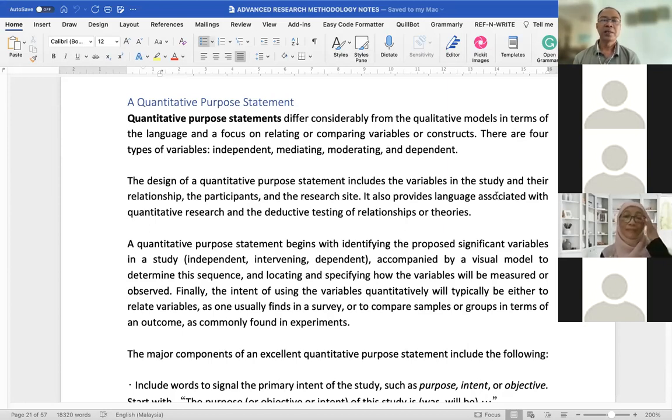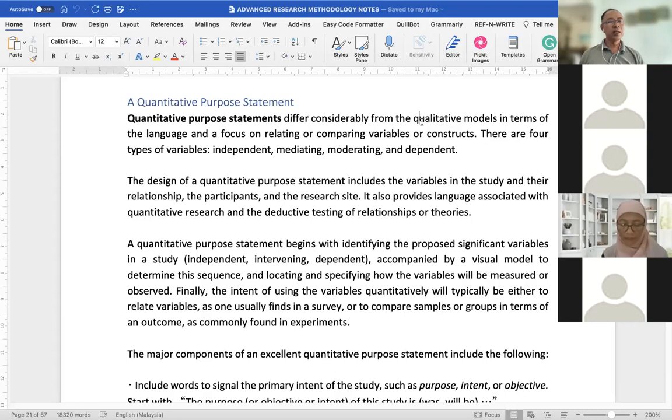So it depends. Some PhD students do quantitative. Some do qualitative. Some do mixed methods, where they start with quanti and complement with quali, or some start with qualitative, then complement with quantitative.